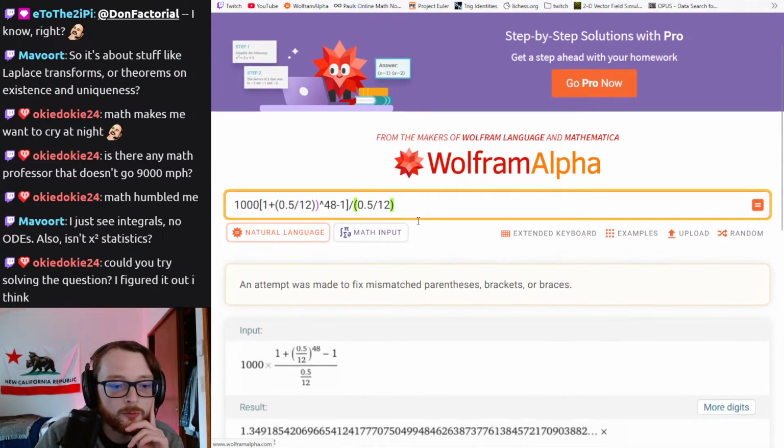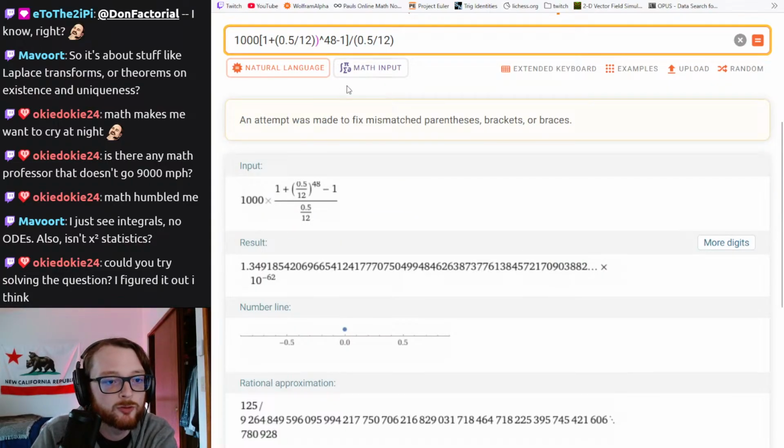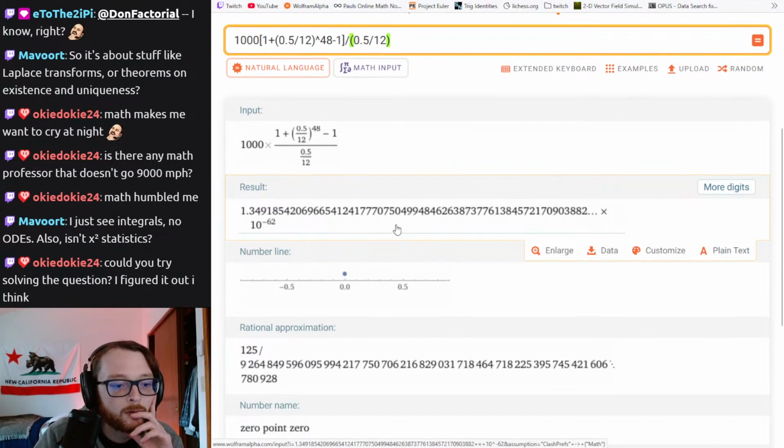I think that matches what you wrote. Oh yeah, that is an extra parentheses. Very small number, which is to be expected. 1.35 times 10 to the minus 62.